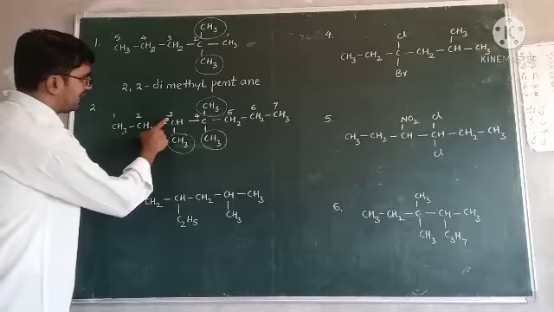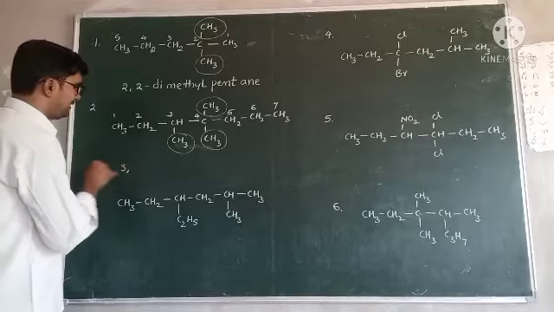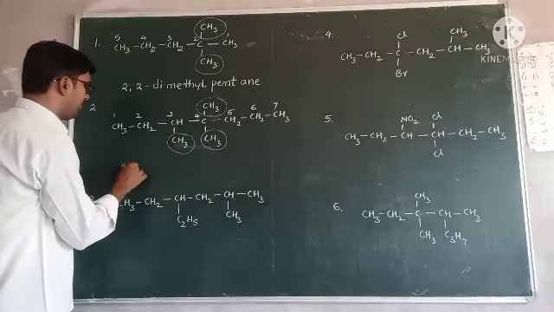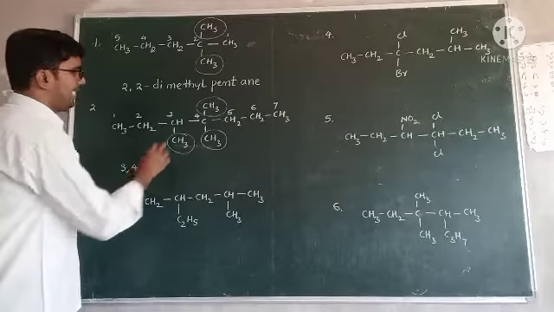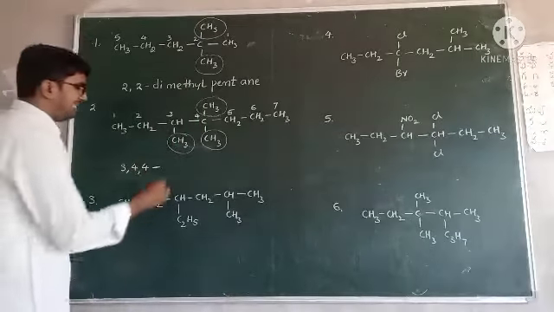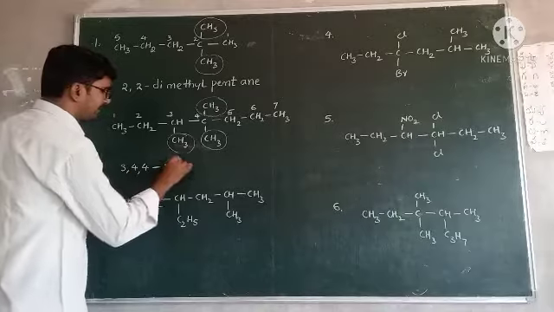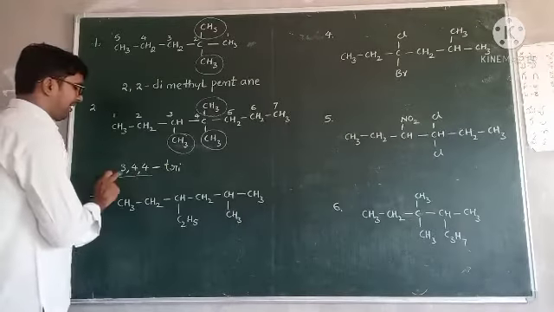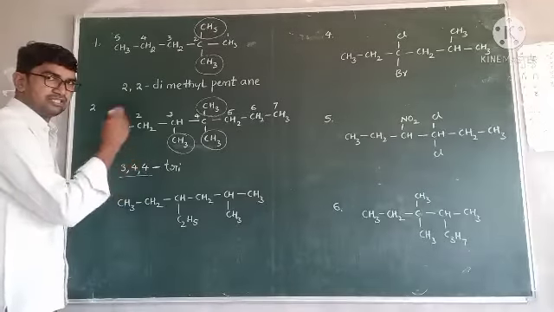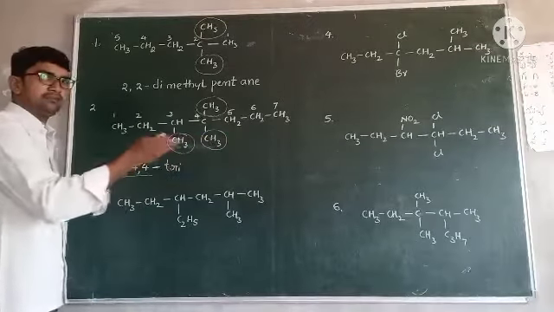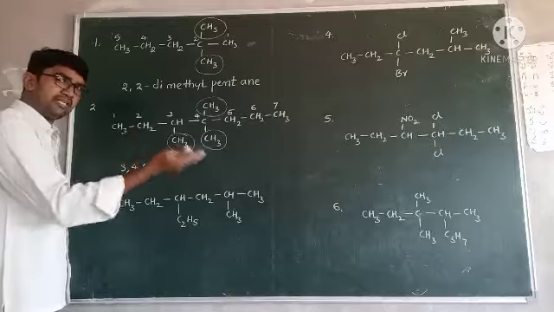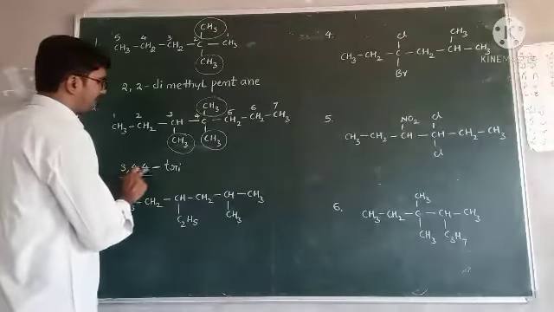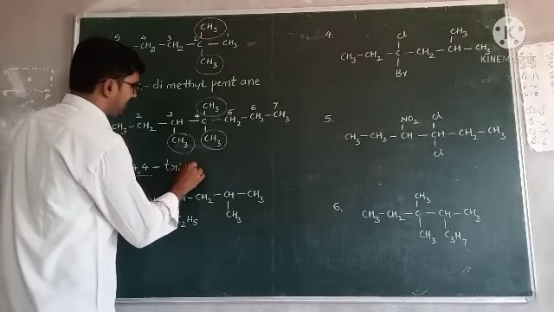One substitution is present at the third position, 3, and the other 2 are at the fourth position, 3, 4, 4, and these 3 are the same. If the substitutions are the same, write the numbers directly like that. If the substitutions are different, give the number for each substitution. So 3, 4, 4 trimethyl.